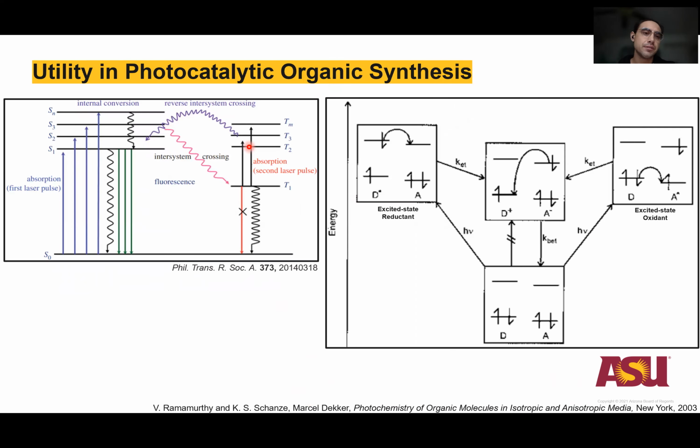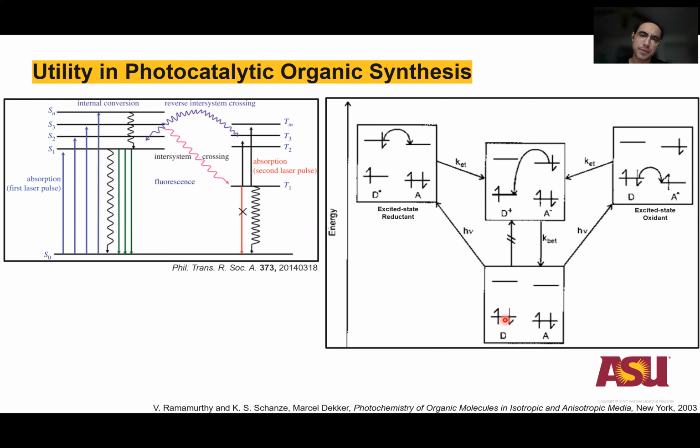So now I want to move into talking about the utility of this method in photocatalytic organic synthesis. So here I've repasted the Jablonski diagram just for reference, but basically for photoredox chemistry specifically, your photocatalyst is going to be excited to an excited state, and the photoredox catalyst can act as either an excited state reductant or an excited state oxidant, right?